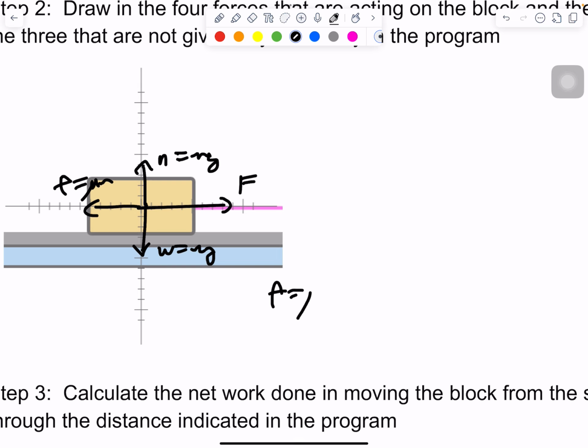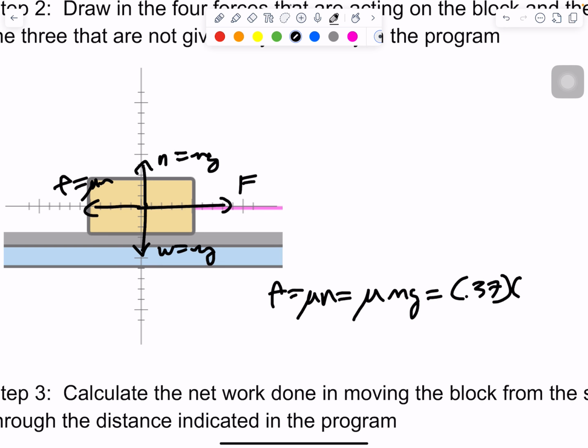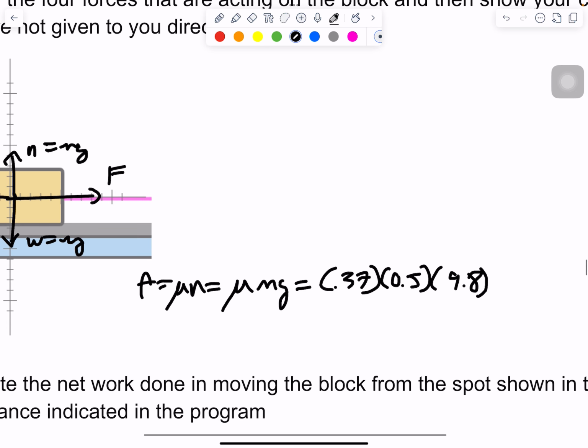I'm going to find the friction force. That's going to be mu times mg, or 0.37 times the mass, 0.5, times g, 9.8. So 0.37 times 9.8 times 0.5, about 1.81 newtons of force.